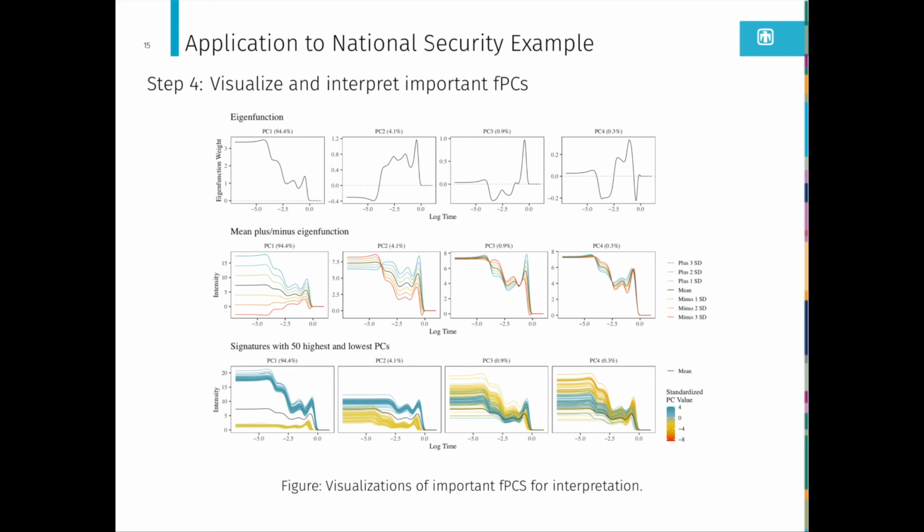Again, the plot for fPC1 shows that it captures the variability between observations with different intensity levels, especially at earlier times. That is, the blue observations have high intensities at earlier times, and the yellow observations have low intensity at earlier times. For fPC2, we see that the contrast is not so much in the variability between intensities, but the shape of the functions.